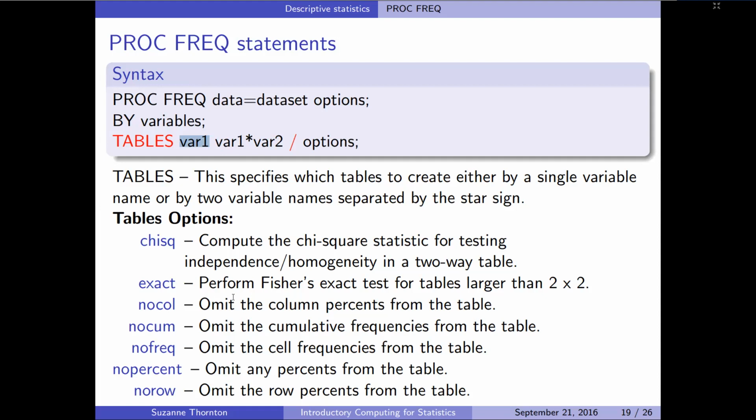The NOCUM option will omit the cumulative frequencies from the table, and the NOFREQ option will omit the cell frequencies from the table. The NOPERCENT option will omit any percent from the table, and the NOROW option will omit the row percent from the table. So these options are very simple.